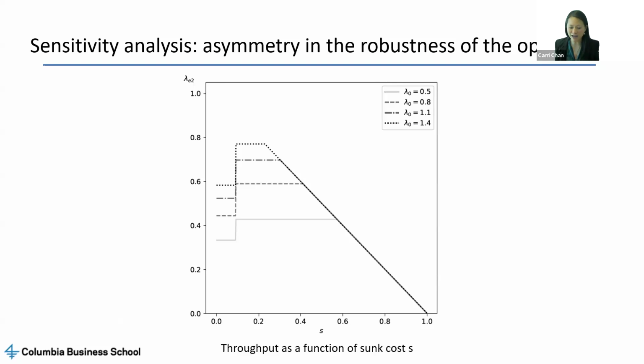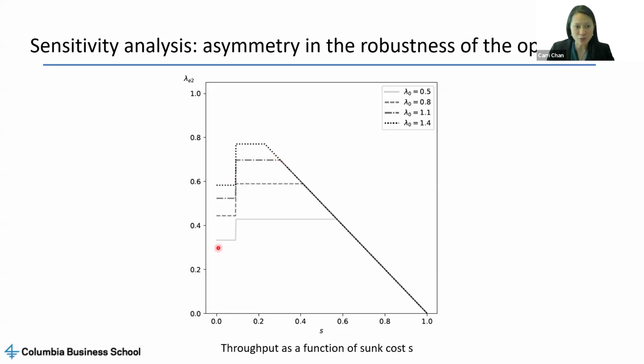So let me bring you back to our figure that looked at the throughput as a function of sunk cost in the second stage when you have information. You're only going to have sunk cost when you also provide queue length information. So this all comes from these discontinuities due to those thresholds of joining or not joining.